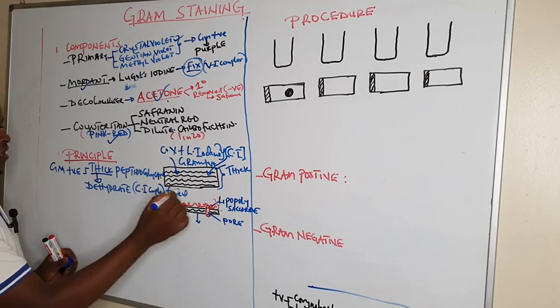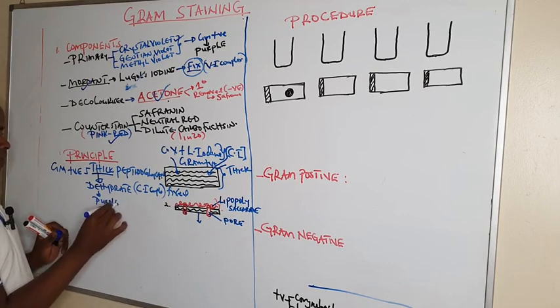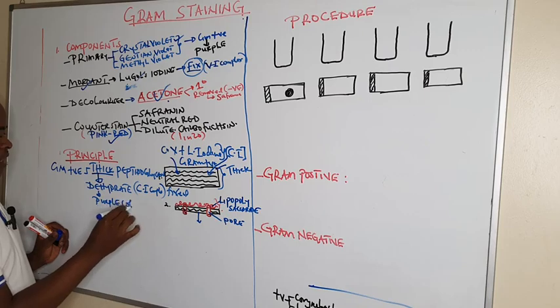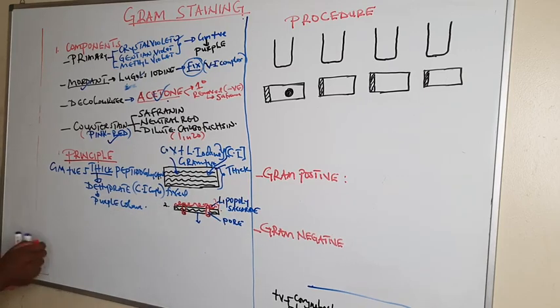Hence, the organisms are going to retain what we call the purple color. The purple color is going to be retained, which is different from gram-negative.